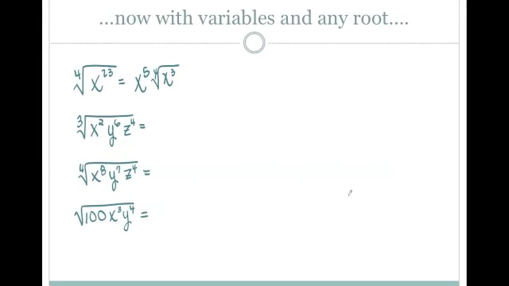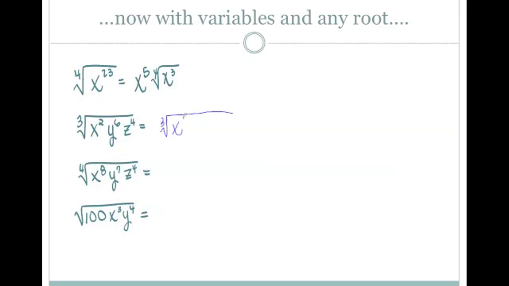Now with variables and any root, we can use that same procedure. So I know that 23 divided by 4 is 5. So I was able to group together 4 groups of x to the 5th, but then I had 3 left over.